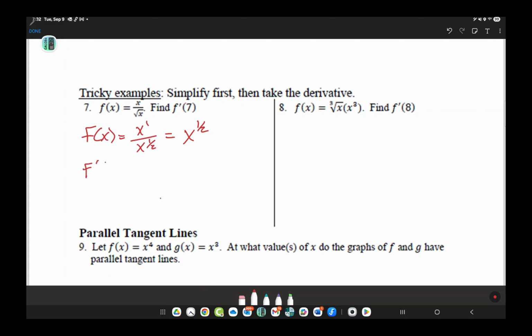So f prime of x means we're going to bring down that 1/2, subtract 1 from the exponent, so x to the negative 1/2. Or 1 over 2 square root of x, which means f prime of 7 is 1 over 2 root 7.